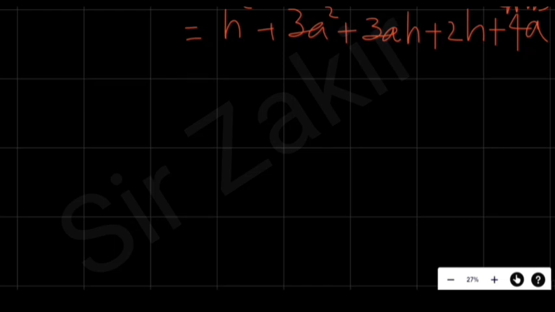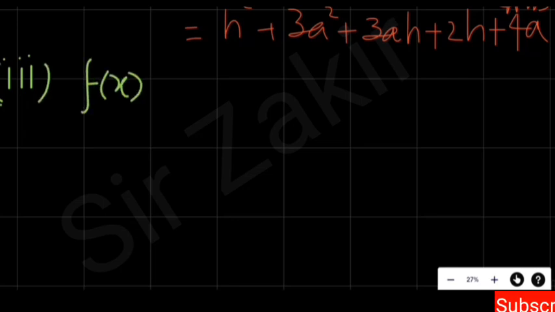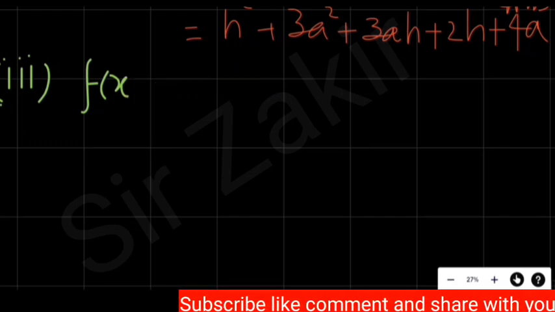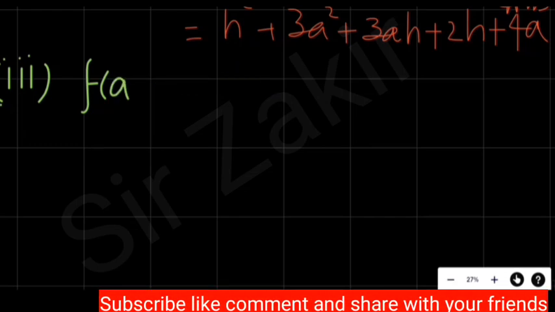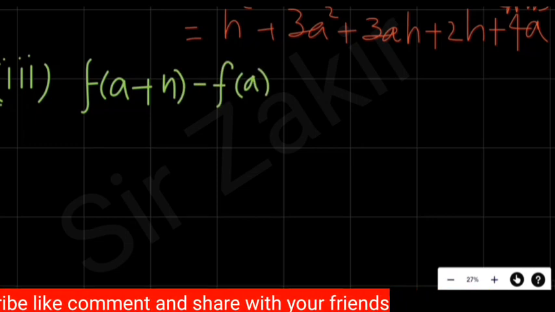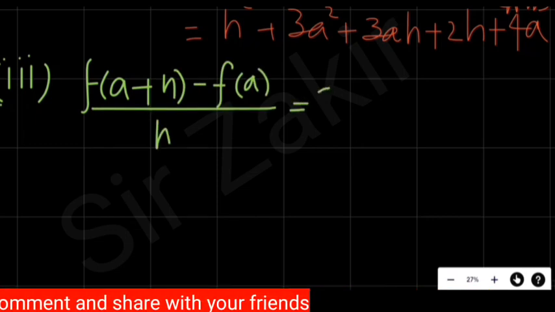Now this is third part of question 2, where f of x is sin x. We first write that expression whose value is required. So f of a plus h minus f of a divided by h.